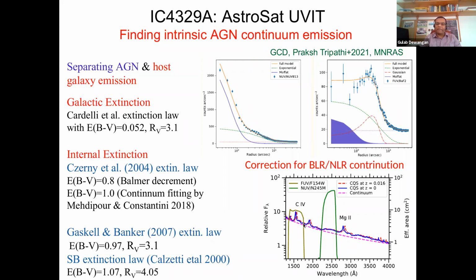So what we have done here is take the quasar composite spectrum and model it in terms of a pure power law continuum and the emission lines. Therefore we can calculate the contribution of these emission lines in the UVIT ultraviolet bands which we have used for our observations, and that's how we infer the intrinsic continuum emission from this AGN.